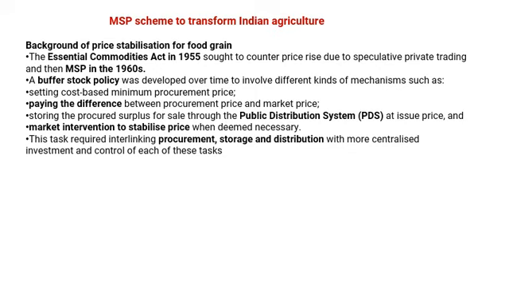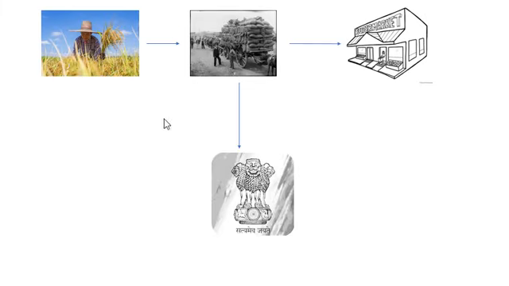If you see the food grains, whatever is procured, first it is procured by India, and it was first thought to give to the market. If you see the market, sometimes the prices they give in the market were very low, and the farmers were not getting enough money.